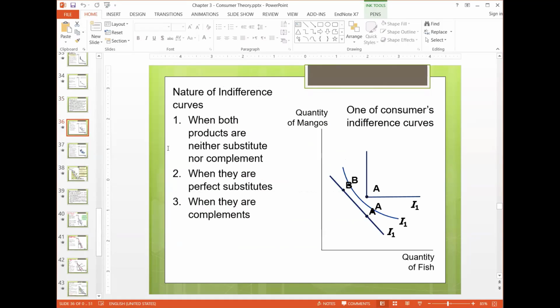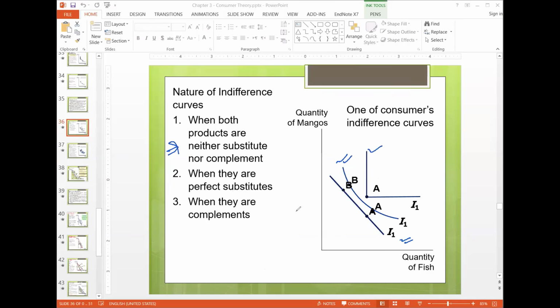Okay, so there can be three types of indifference curves. First is the one we already discussed, when they are not substitutes or complements. But if the products are perfect substitutes, it will be a straight line. And if they are complements, it will be an L-shaped line.